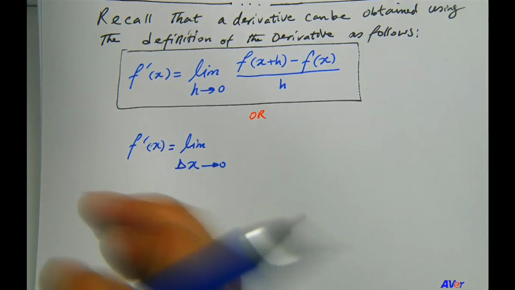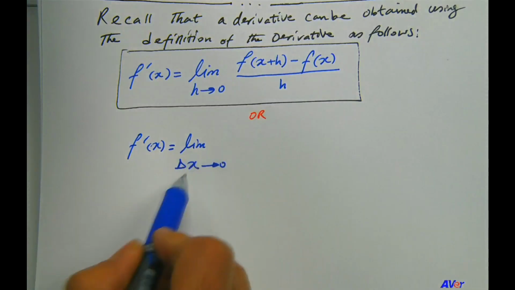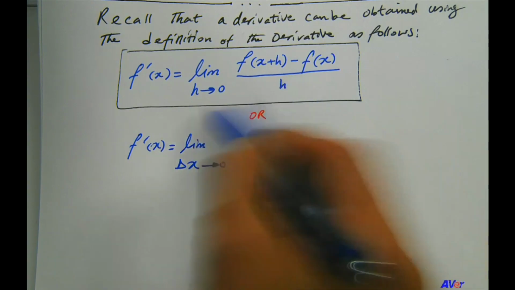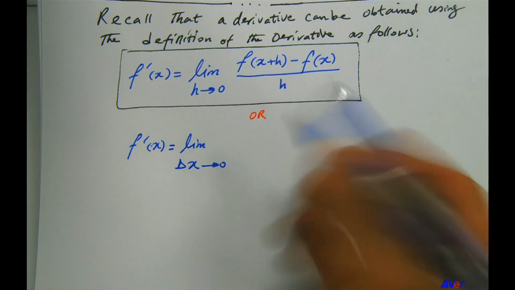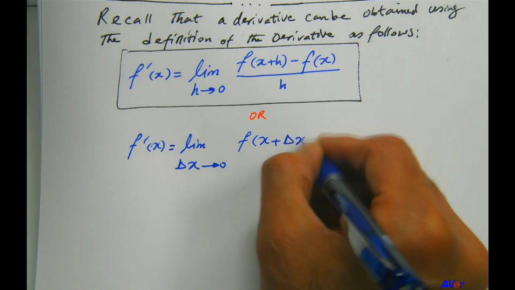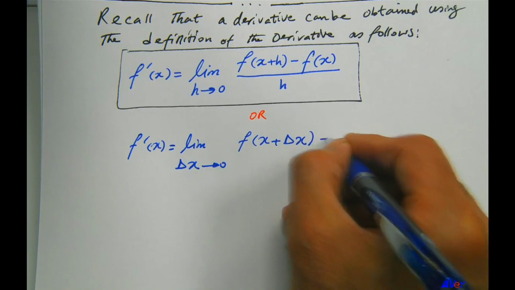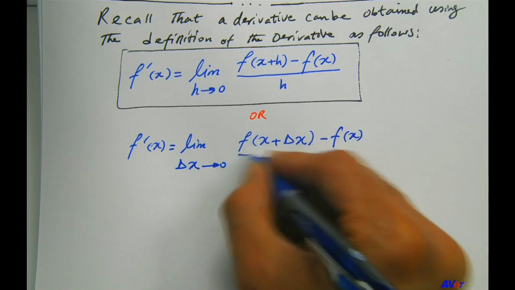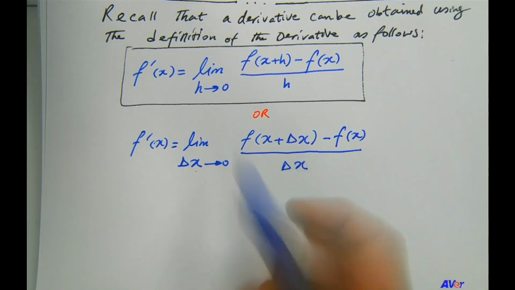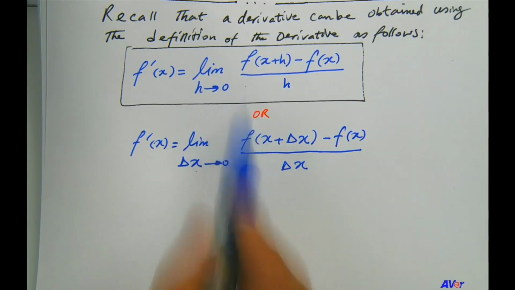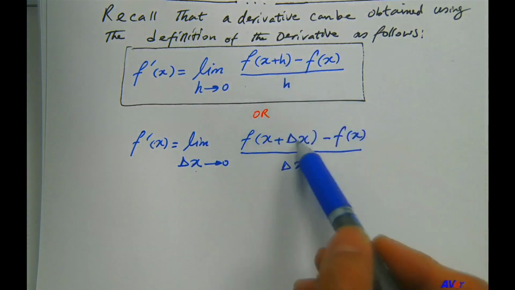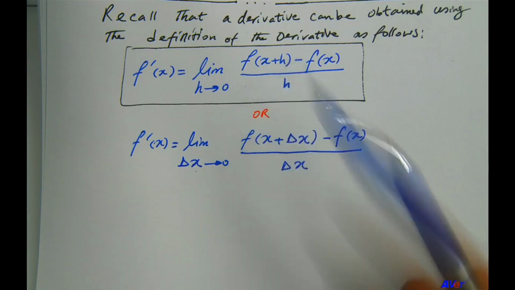So as the difference between two x values approaches 0, that's also what we mean by h. H represents that. So then f of x plus delta x minus f of x divided by, of course, delta x. Okay, so these are equivalent forms, but with different representations. Instead of h, you have delta x, which represents the same thing.